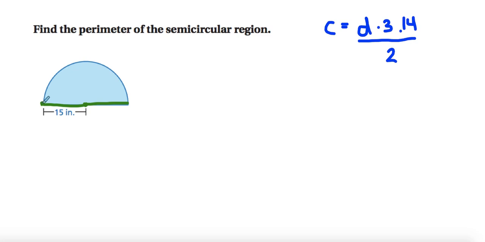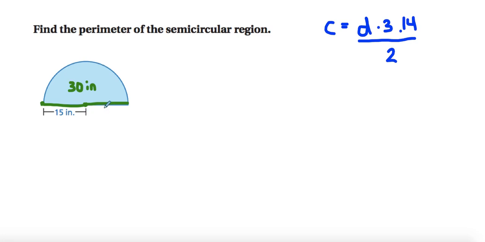So altogether, from one point on my circle to the other point on my circle is 30 inches. Again, I know this because 15 plus 15 equals 30 inches.